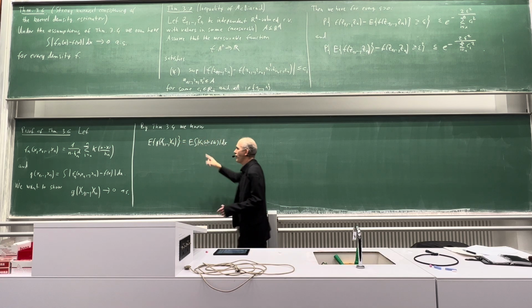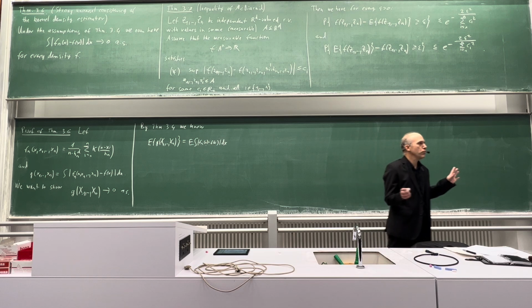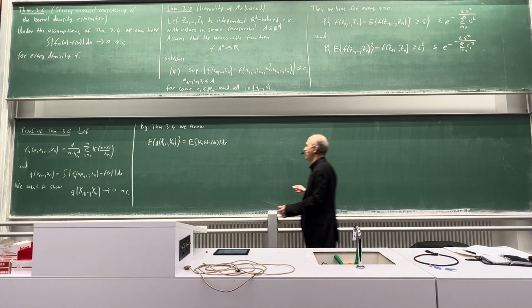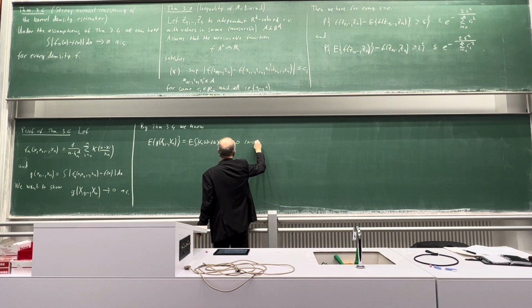And now I use the fn of x from the notation of theorem 3.4, where this was just the kernel density estimate. It goes to 0 as n goes to infinity.